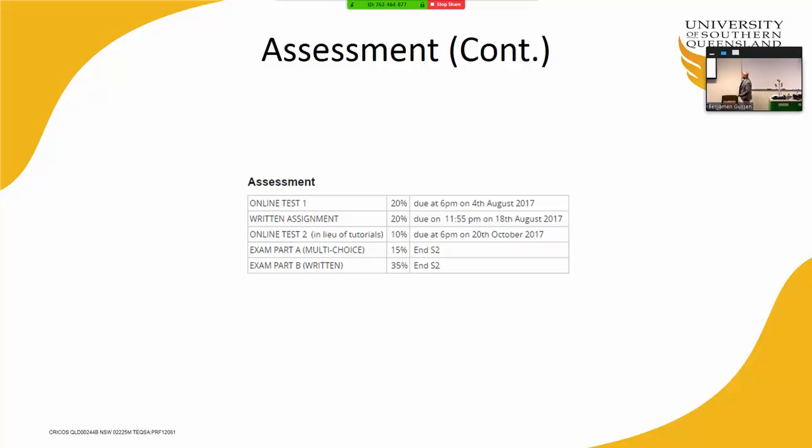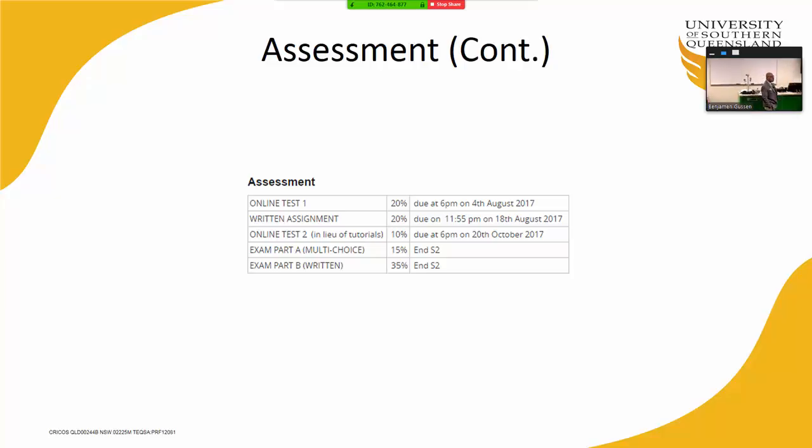And I can now tell you that you don't even have to be here for the tutorials. I just got a confirmation this morning that the changes to the specs that I've discussed with the people in Toowoomba has now been approved, which means the following. Everyone will have to do the second online test. You are not going to get any marks for tutorials anymore.